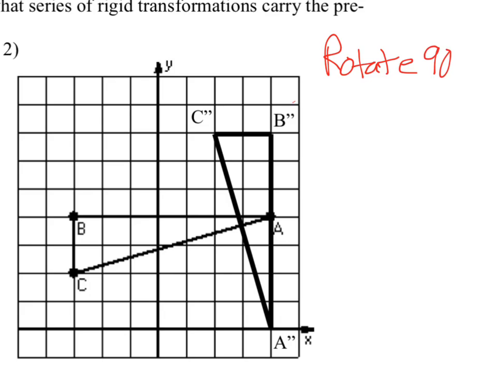Rotate 90 degrees, and in this case, it's going to be clockwise. Once you do that, you're going to have things in the right orientation, and then you just finish out with a translation. We just have to figure out what that is, and as soon as we figure that out, we can get the rest of this.